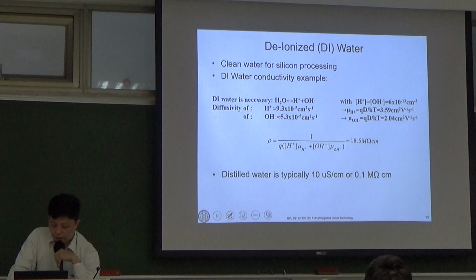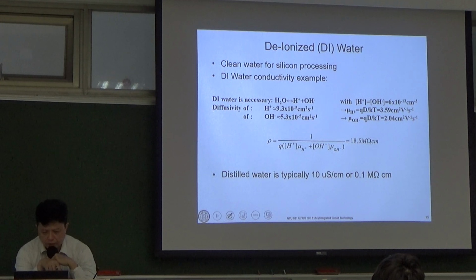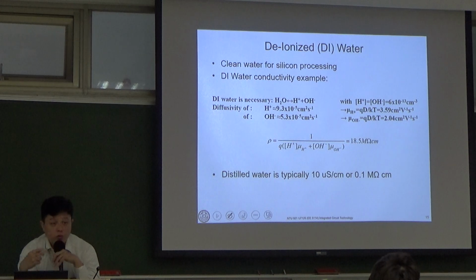Okay. And we just mentioned this deionized water. So we try to remove the ions from the water to reduce the conductivity. So here is just a quick calculation of the resistivity of DI water. You will remove all these ions.